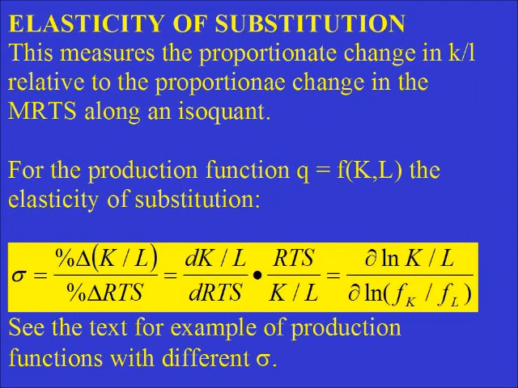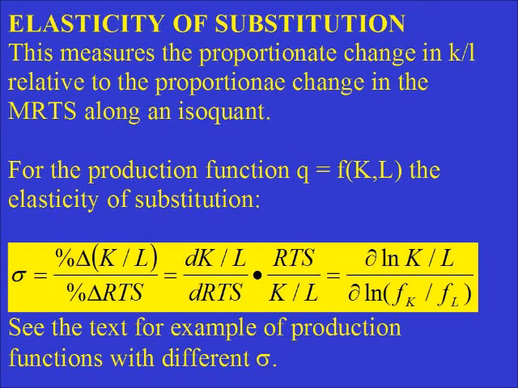The next thing I want to talk about is elasticity of substitution. This is the measurement of the proportional change in the ratio of capital to labor relative to the proportional change in the marginal rate of technical substitution along the isoquant. For the production function, Q is a function of K and L, the elasticity of substitution can be represented as follows.